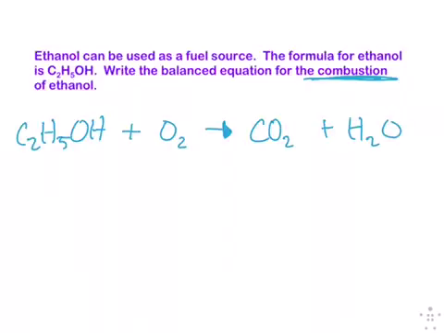So then here ensues the fun of balancing. The recommendation for this is always balance your carbons first, then your oxygens, and then lastly your hydrogens. That kind of helps alleviate some of the issues. So looking at our carbon, we have 2 to 1, so we need to put the 2 out front here.